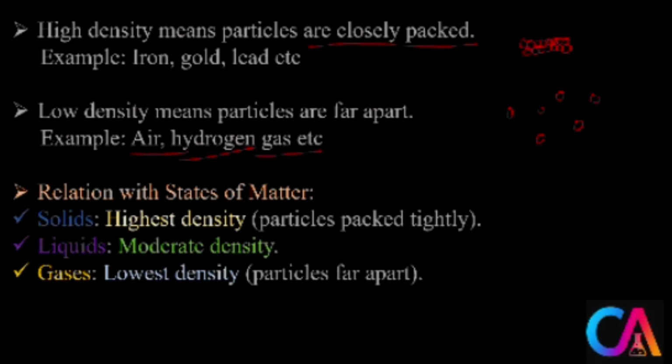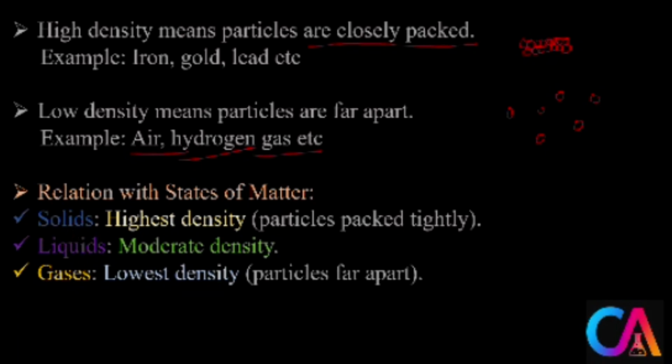So till now we have studied the properties of density: what density is, what its symbol is, what its SI unit is, how to calculate density, and how density decides the rigidity or the closeness of the particles of matter. Next, we will study the relationship with states of matter.